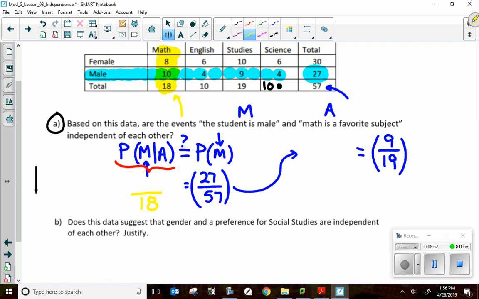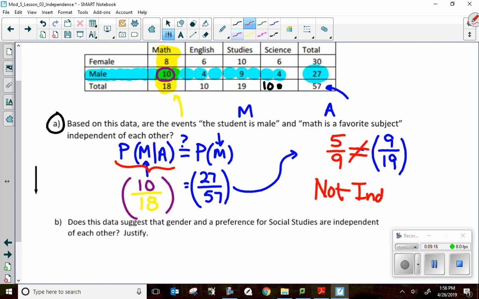How many of those are male in just my math column? 10. 10 out of 18. If I reduce this by 2, that is 5/9. Those are not equal, so they are not independent of each other.